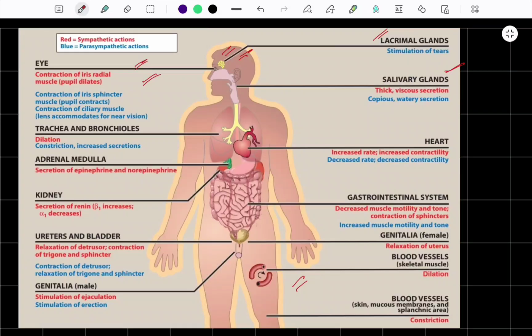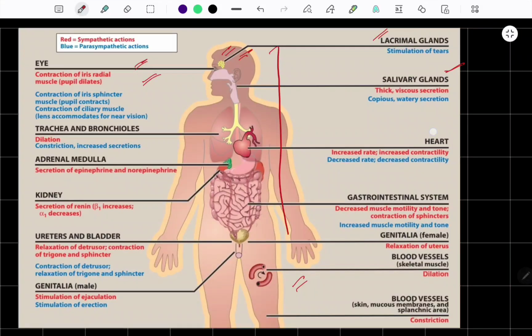And when we talk about sweating, there is more sweating in sympathetic and less in parasympathetic. So you have to remember these functions by comparing both of them with each other, right? And that's how you travel from top to bottom, and that's how you can remember these functions properly, right?